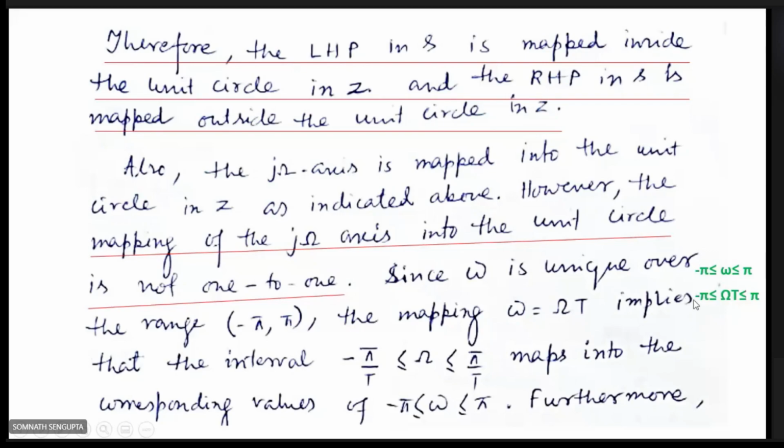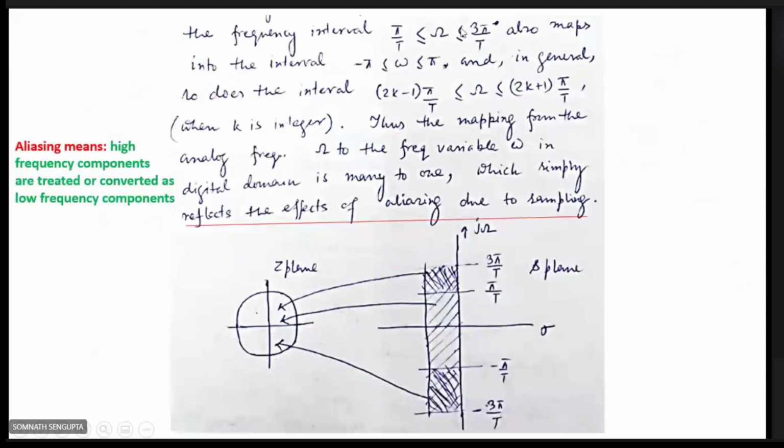Similarly, if we slightly change the axis of the continuous frequency range, that is pi by T to 3 pi by T, these are also mapped.